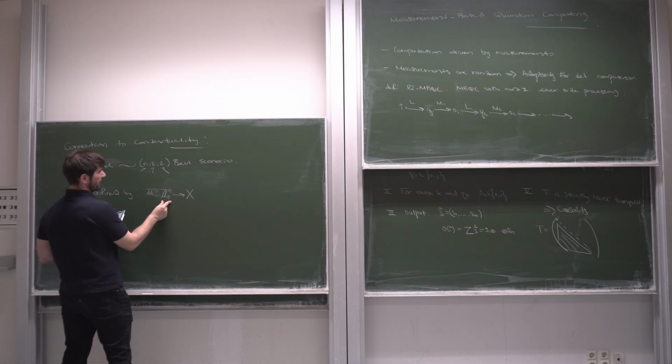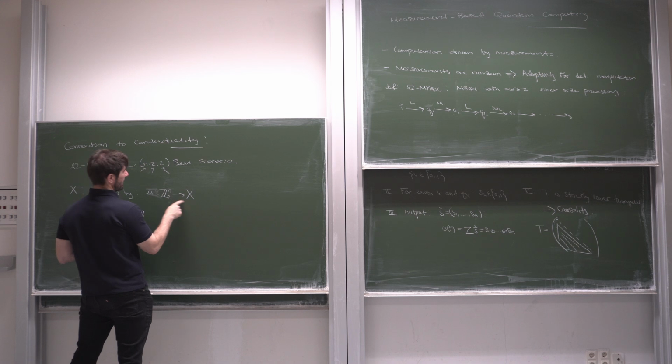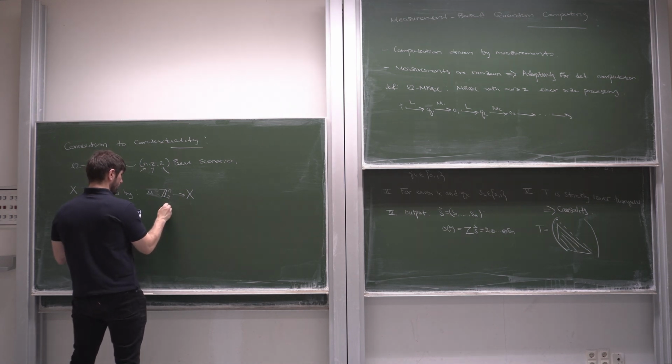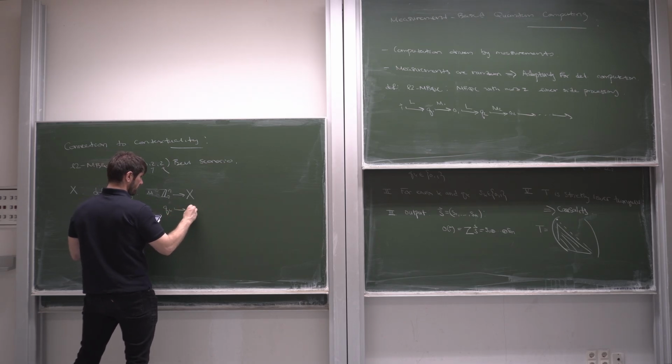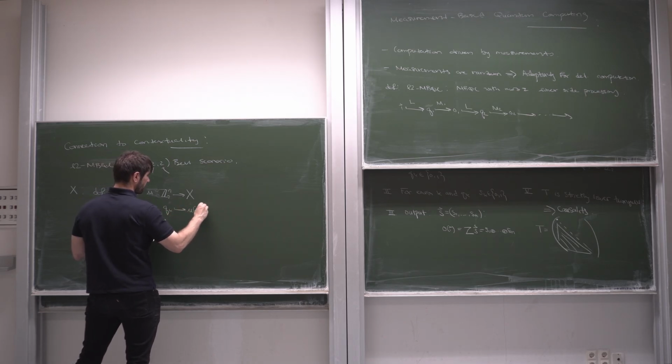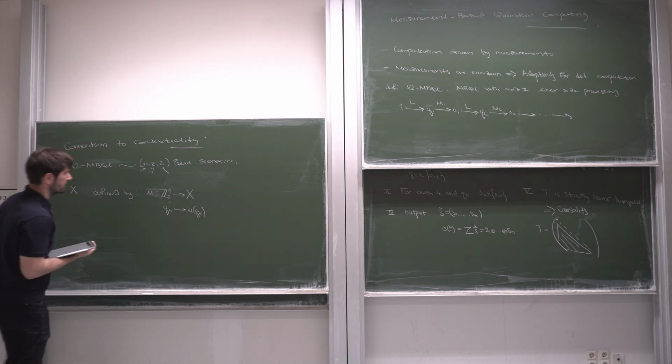I have the set of input strings, and I have a map to X, so that q_k, which is a computational input, determines some mu of q_k, which is an actual measurement in my set.